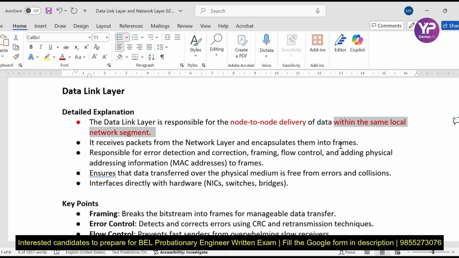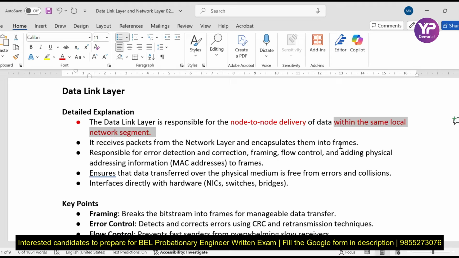Flow control. Flow control means suppose that the sender sends the data, and the receiver's task is to receive the data. But suppose that the receiver is unable to receive the data at the pace at which the sender sends the data. Then there is a loss of data. That's why there is a protocol mechanism which controls the flow of the data.